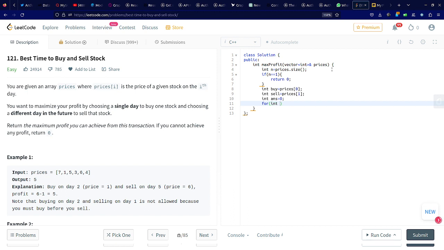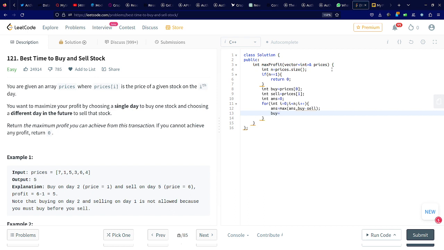So i equal to 0, i less than n, i plus plus, we will be traversing through the array, and then we will update the answer. It will be the maximum of answer comma sell minus buy.